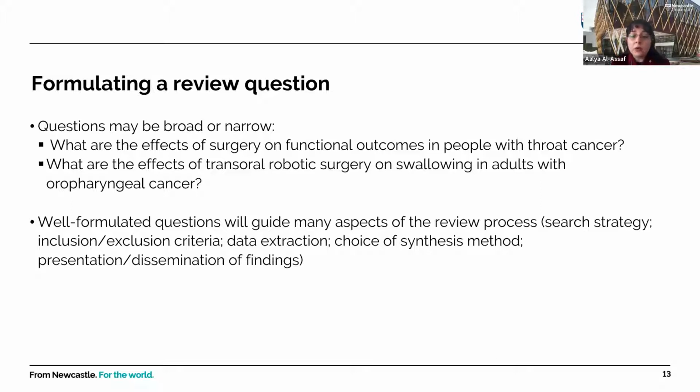And also the second question says in adults, so here we can have an idea about the age group of patients, whereas the first question just says people, and doesn't specify the age. And the type of cancer in the first question is throat cancer, whereas in the second one it is more specific, oropharyngeal cancer. So you can see here that the second one is a narrower question than the first one.